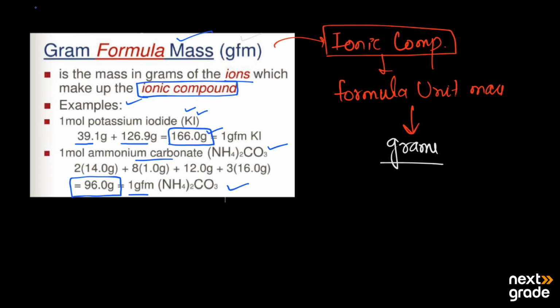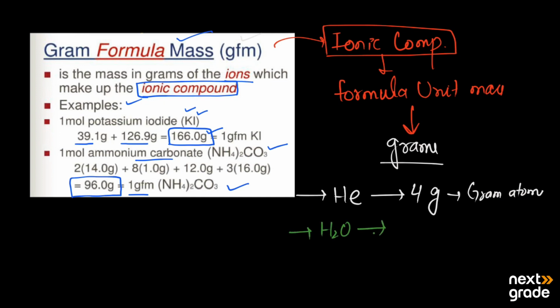Likewise, if we have a simple helium atom, its gram atom is equal to 4 grams. This is the gram atom. If we have a water molecule H2O, its molecular mass is 18 grams.